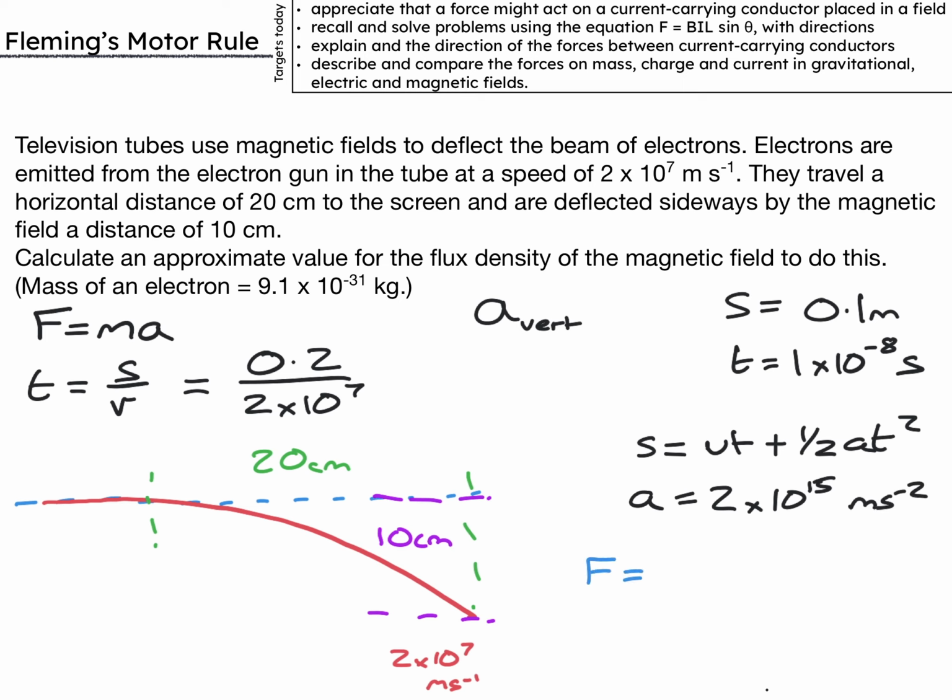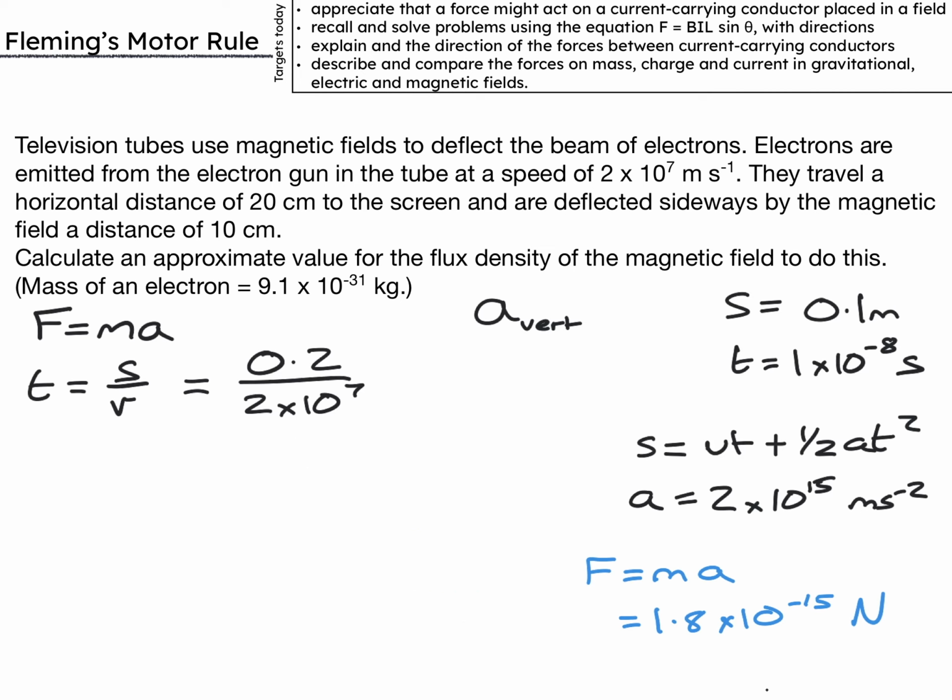Lastly, F equals ma, and then look up the mass of an electron, 9.1 × 10⁻³¹ kilograms, giving F equals 1.8 × 10⁻¹⁵ newtons. Nearly there. We still need to find B. So, F equals BQV, so B equals F over QV, lowercase v, remember.